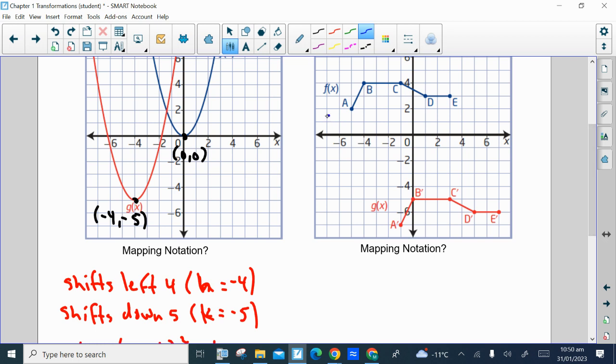If I go from A, which is the point -5, 2, to A prime, which is the point -1, -7, the graph would have to shift 4 units right, as well as 9 units down.